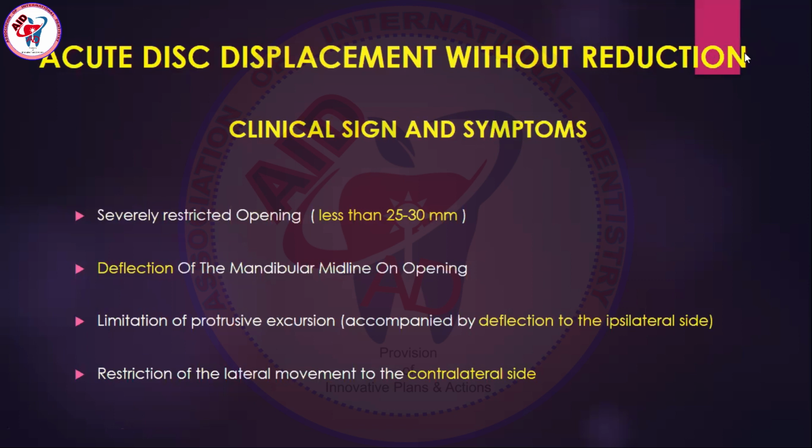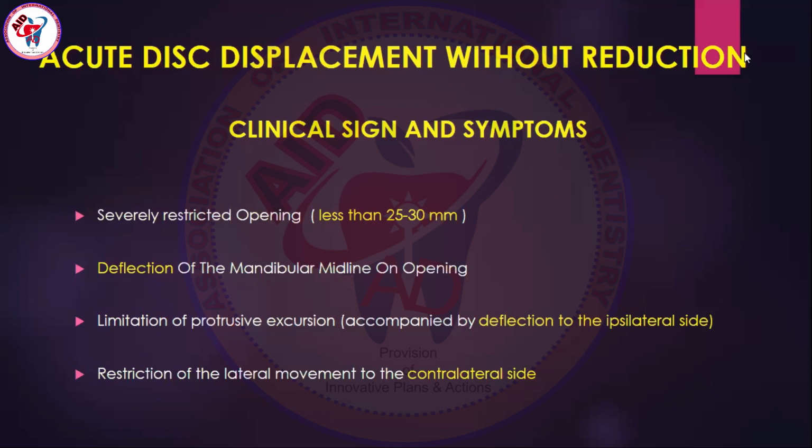There is absolutely no deviation like this. It is absolutely coming and going back, coming and going back, because there is no disc coming back. It is going straight forward and coming back.